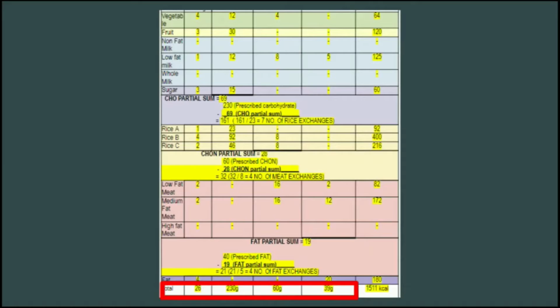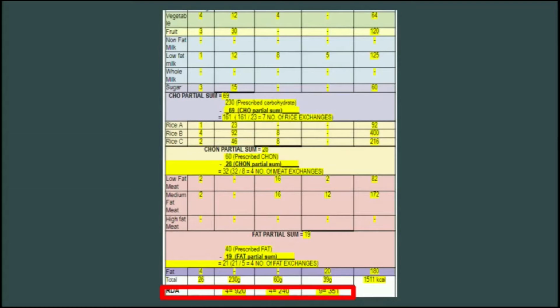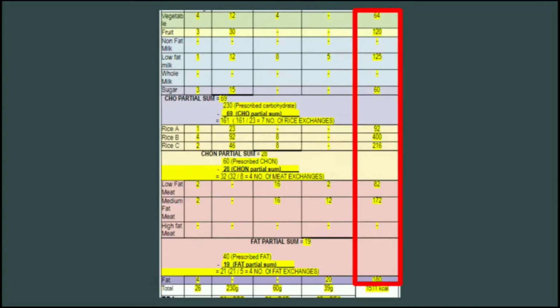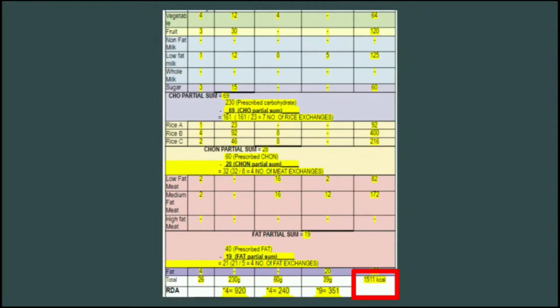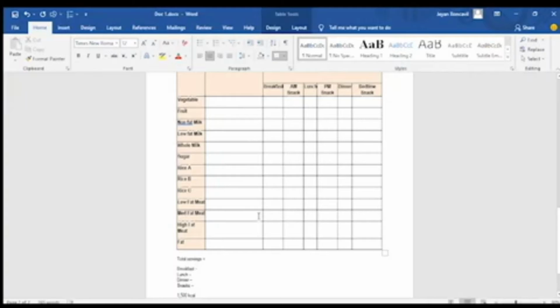Now, the total carbohydrates and proteins are multiplied by 4 while the fat is multiplied by 9 to get its RDA. Now, the RDA will then be added, and the total calories determined from the food items must be equal to the amount of RDA.